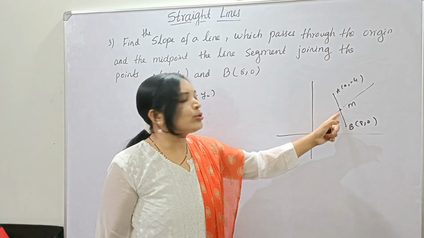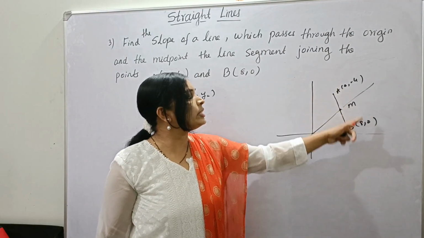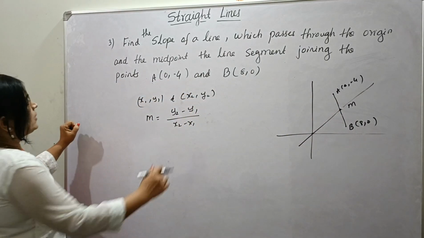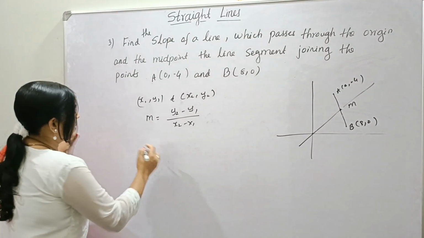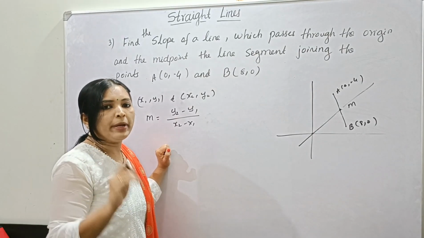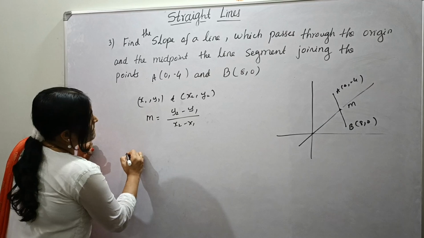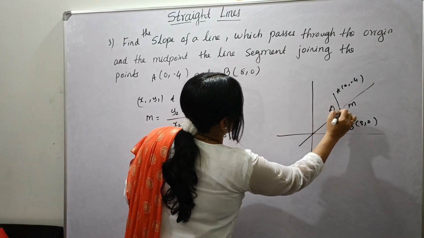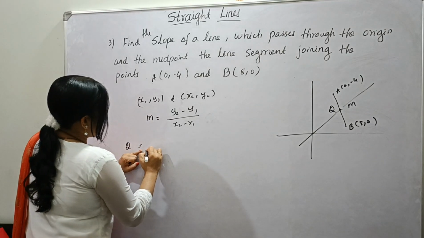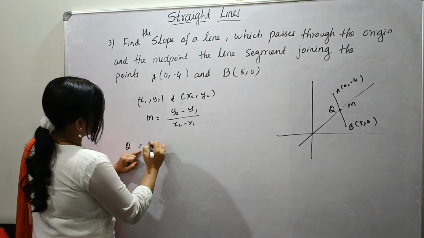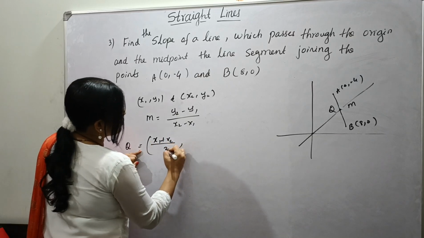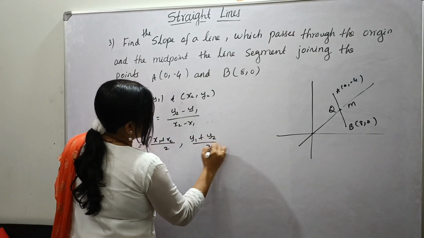First of all, we have to find the midpoint of these two points. How do we find it? Using the midpoint formula: if (x1, y1) and (x2, y2) are the points, then the midpoint, let us call it Q, is ((x1 plus x2) divided by 2, (y1 plus y2) divided by 2).